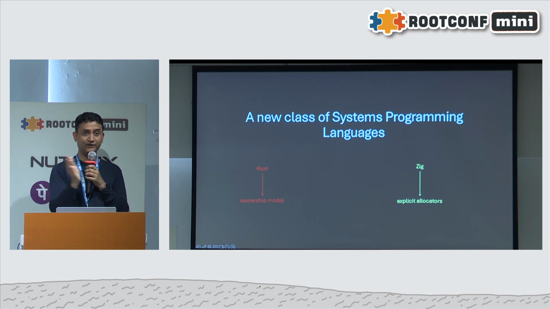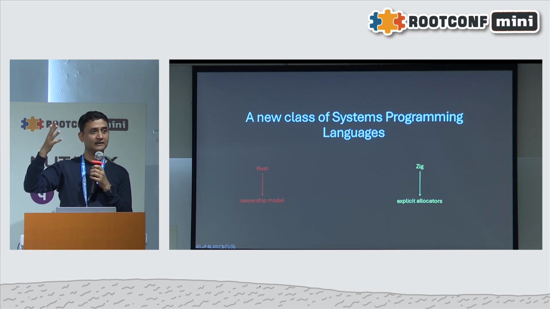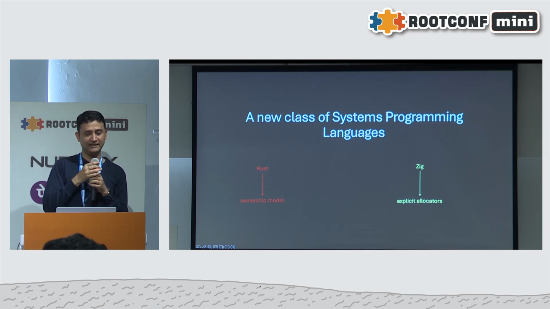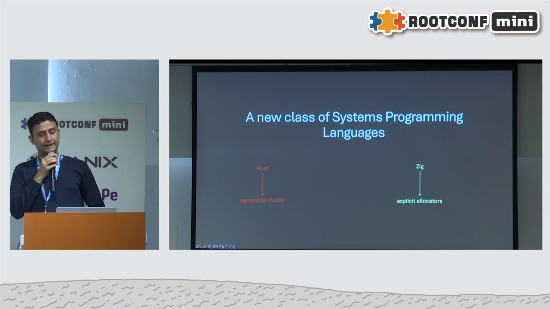All right, and with all of these very modern programming languages, a whole bunch of software is being rewritten. A bunch of you would have heard about Bun, right? So arguably it's much faster than Node in a lot of different cases.